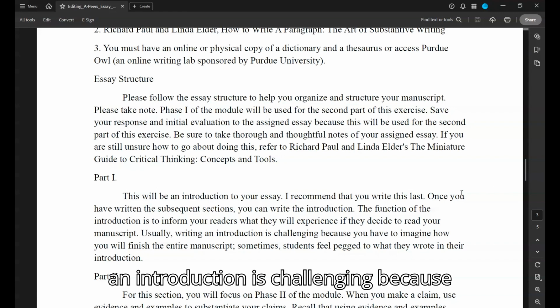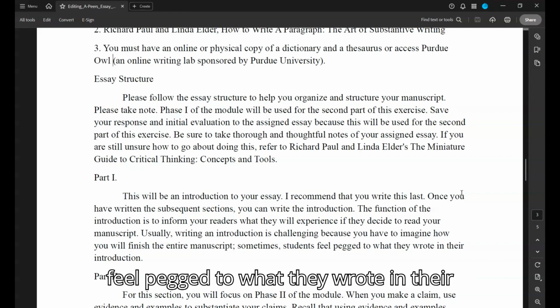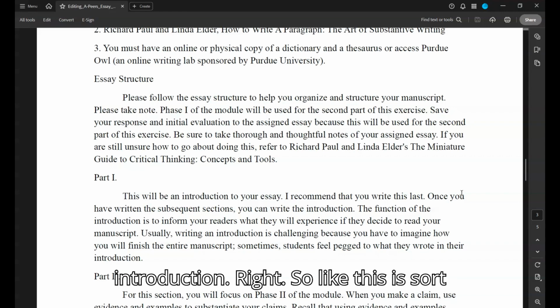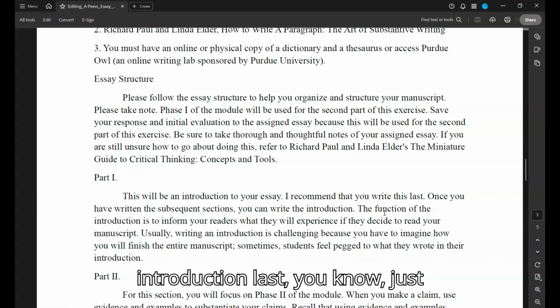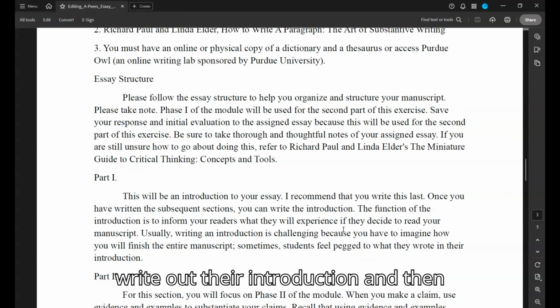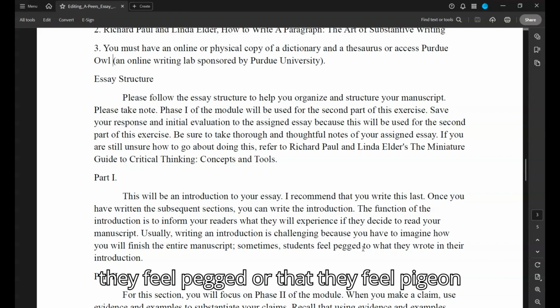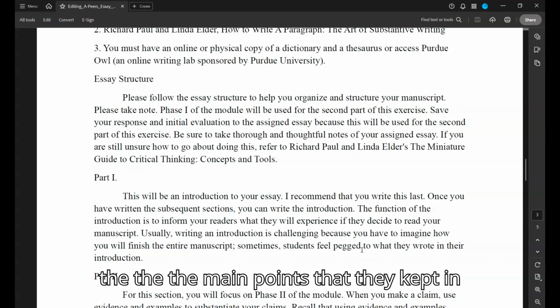Usually, writing an introduction is challenging because you have to imagine how you will finish the entire manuscript. Sometimes students feel pegged to what they wrote in their introduction. This is why I want you to write the introduction last, because young writers especially may write out their introduction and then feel pigeonholed to keep the main points they put in it.